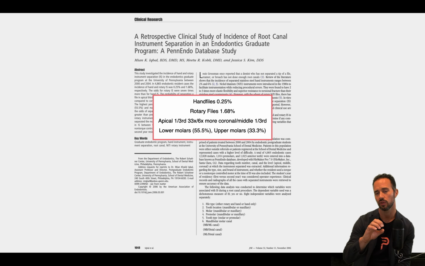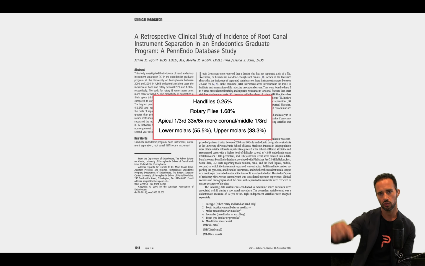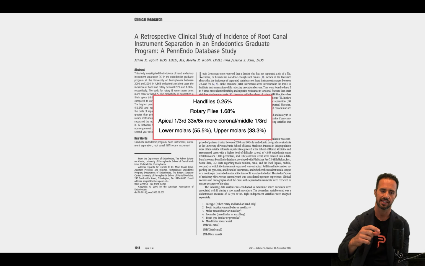Lower molars were actually the most common tooth type where file separation occurred. And that is probably due to that complex anatomy in the mesial root that I've already discussed with you multiple times throughout the course, where usually the mesiobuccal canal will merge with the mesiolingual canal, and that site after it merges, where you have a common exit, is where a lot of strain is placed on your instruments and is the most frequent site for file separation.